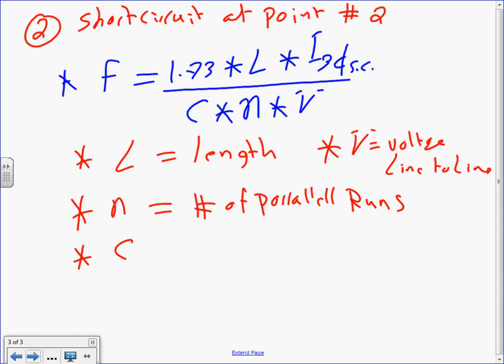C stands for conductor factor. N for number: number of parallel conductor runs.